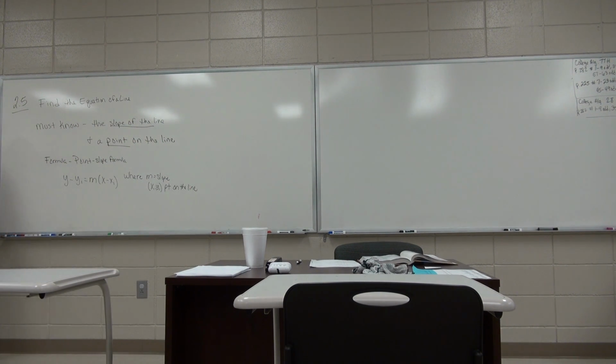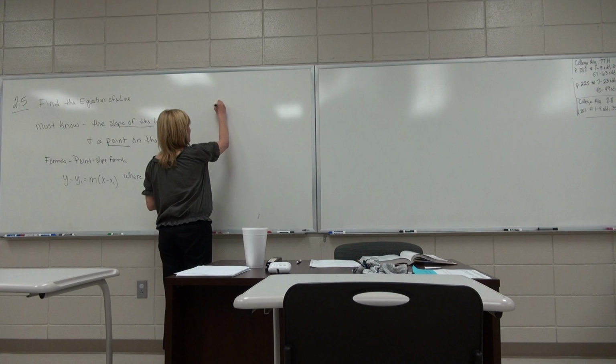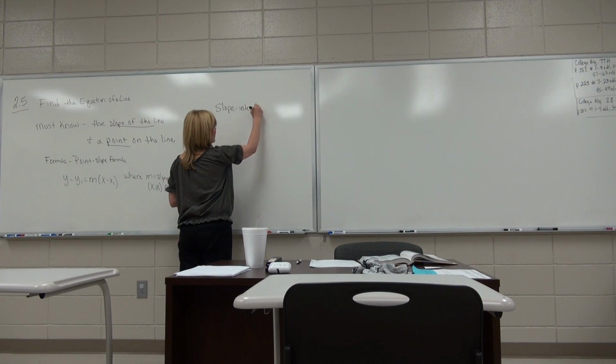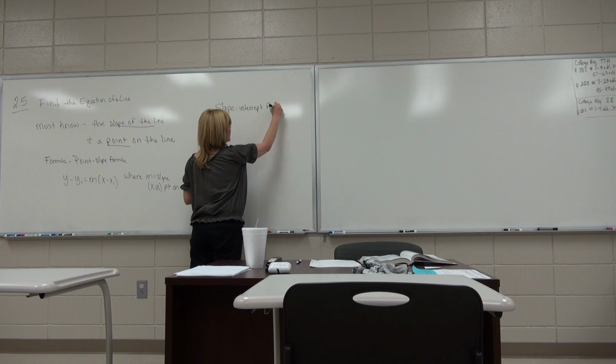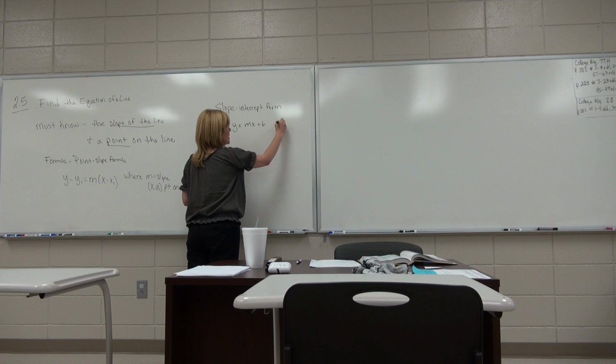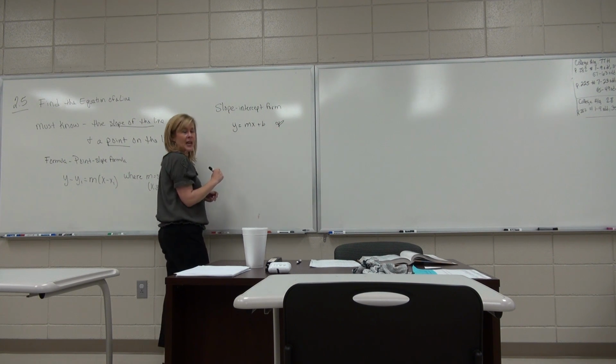This is going to be pretty easy, just like the last section with graphing lines. You're just going to plug into the formula, then get y on the side by itself. Now you can write your lines two different ways. Remember we had slope-intercept form? That was y equals mx plus b, which is the way we're going to leave ours most of the time.